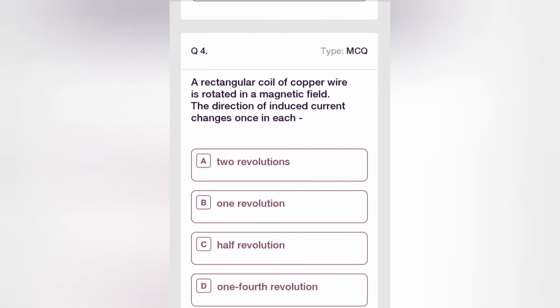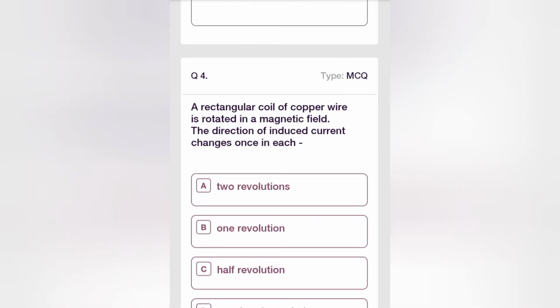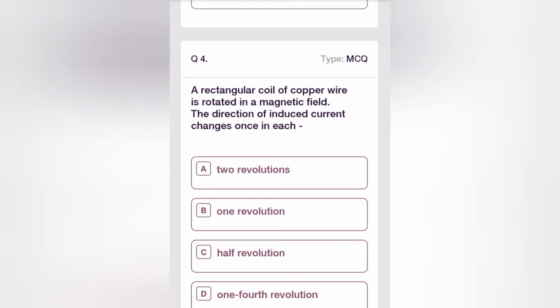Fourth question. A rectangular coil of copper wire is rotated in a magnetic field. The direction of induced current changes once in each: 2 revolutions, 1 revolution, half revolution, or 1/4 revolution.